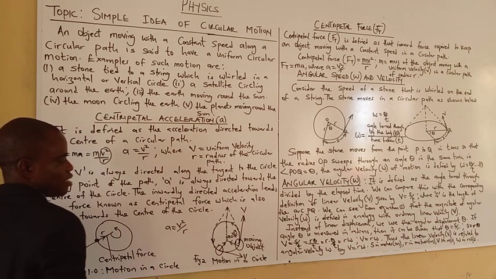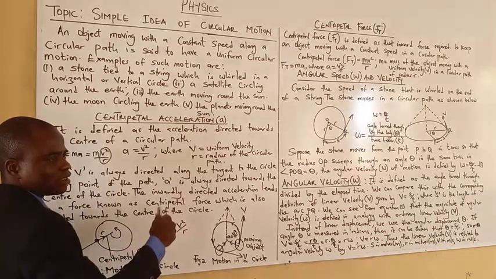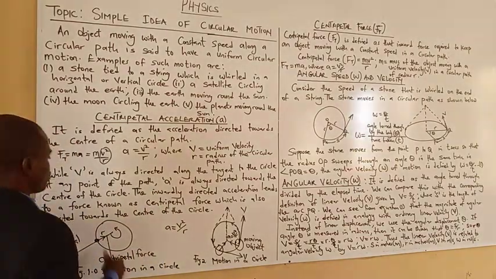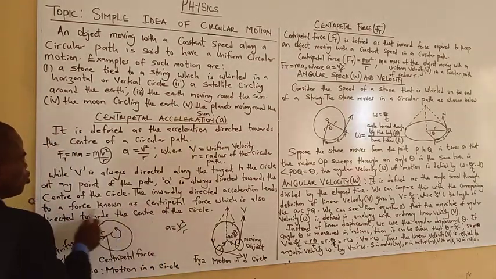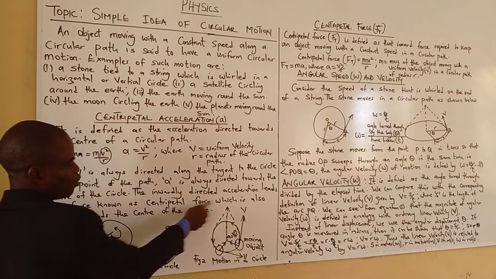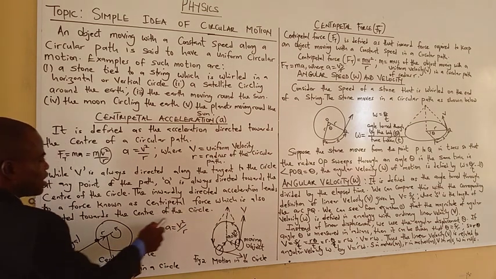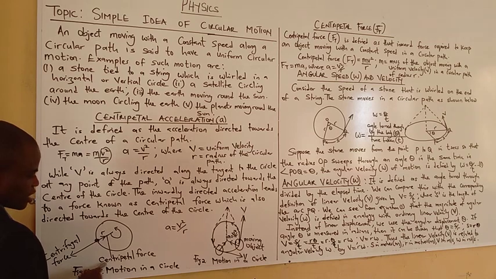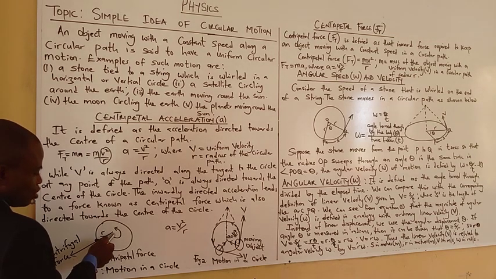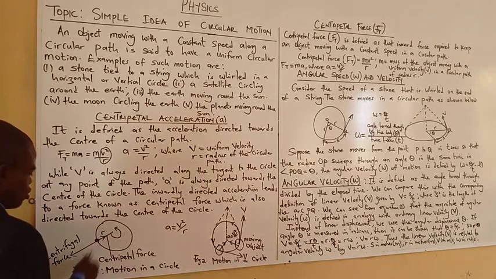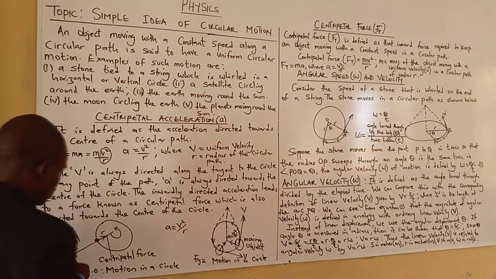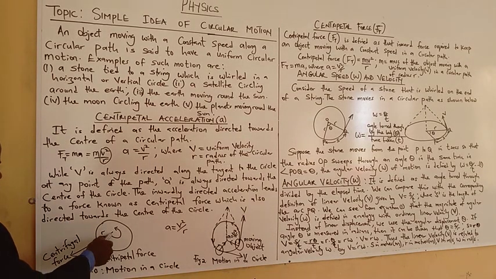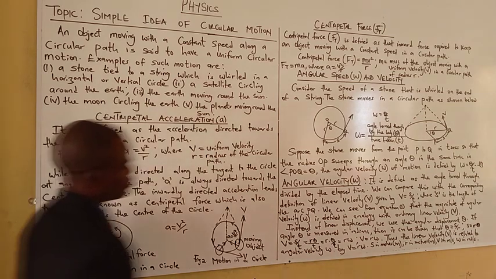And the force that keeps the object moving in the circular path is the centripetal force. Please look at it very well. Centripetal force is the force that keeps the object towards the center of the circle, while the centrifugal force is opposite to the centripetal force. You can see the arrow directed outward, motion in a circle.